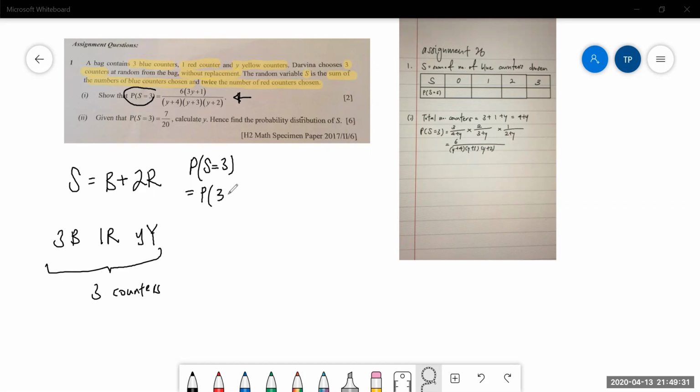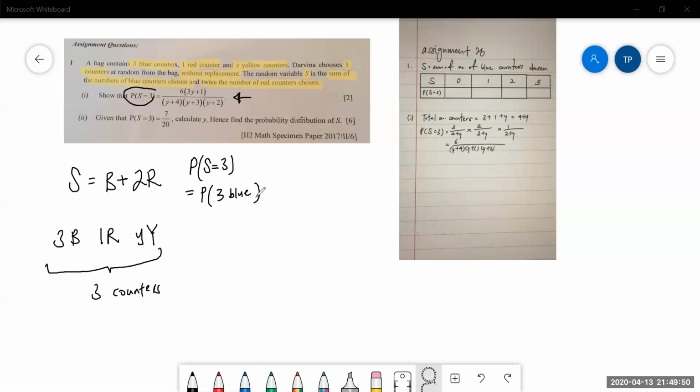How can it be 3 blue if the sum is 3? If I have 3 blue, I get 3, because I don't have red. Red is 0. But you said twice the number of red.